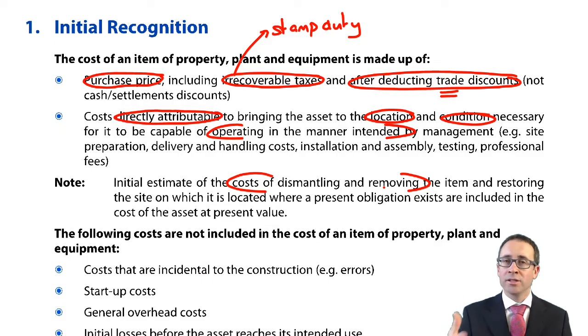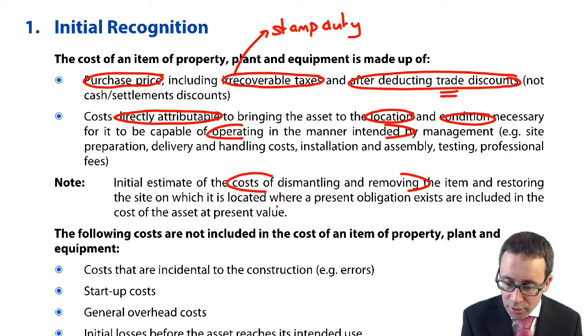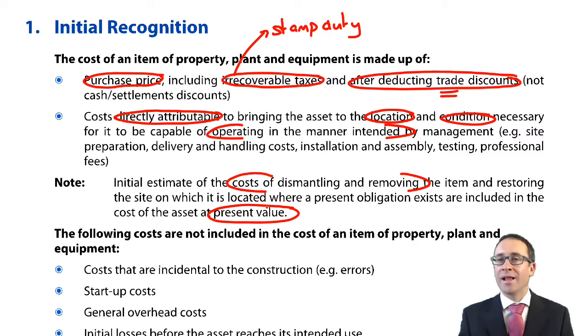Well, you are obliged to dismantle it, maybe legally, and therefore you are going to capitalize that cost today, even though you know you're not going to incur it until 50 years' time. However, the key issue there is that you capitalize it at its present value.